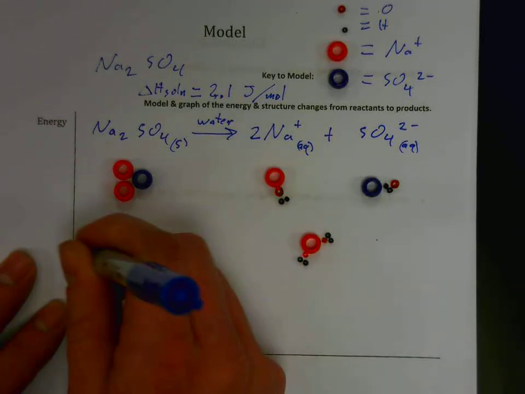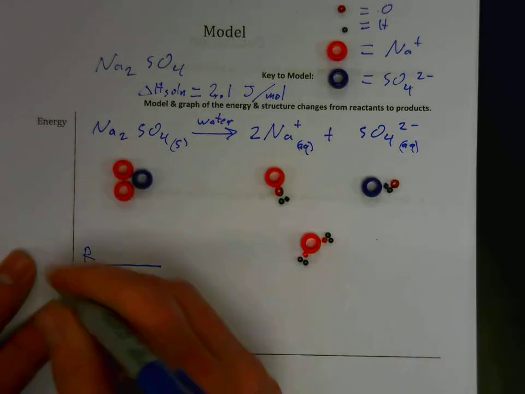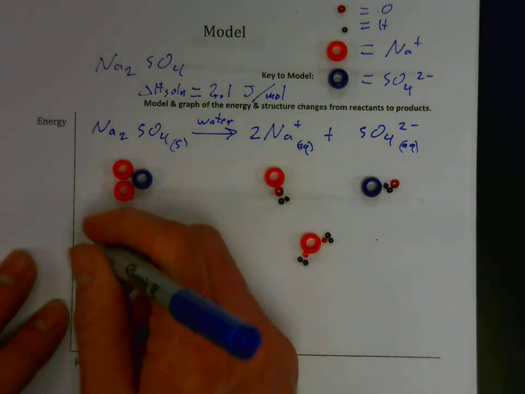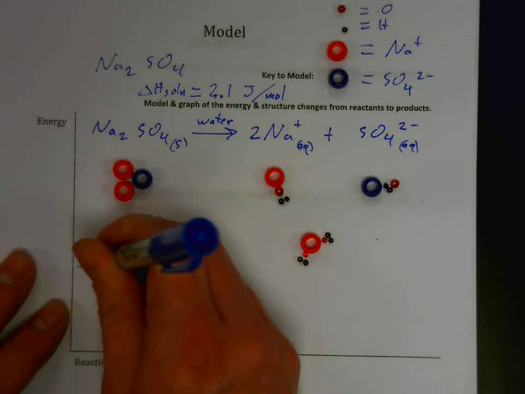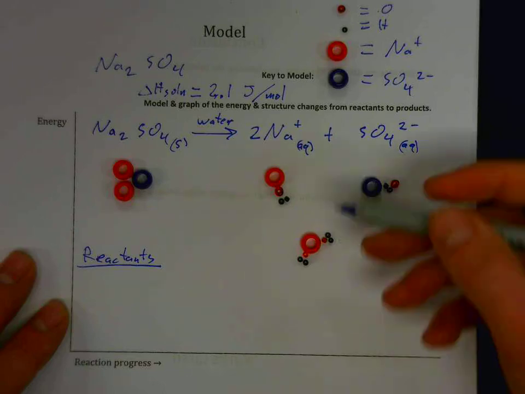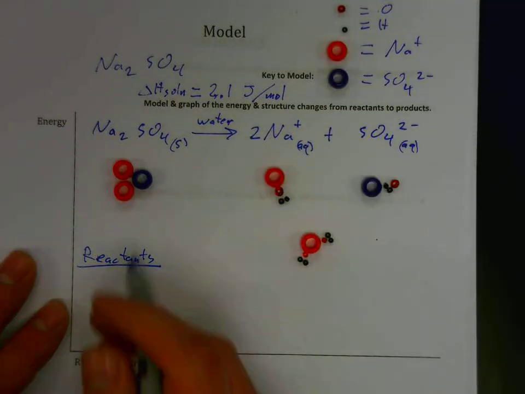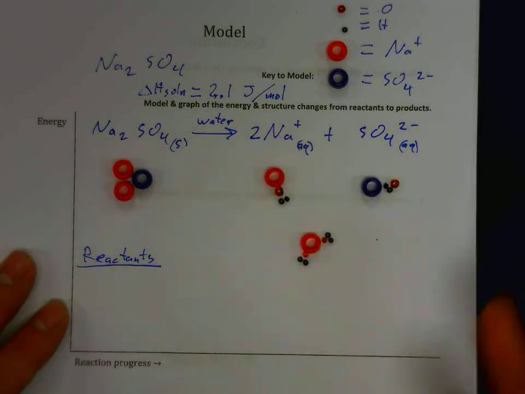So we have the reactants starting at this energy level. If they started at this level, and we have to think, if energy is going in to the bonds and the interactions, is that going to increase or decrease?